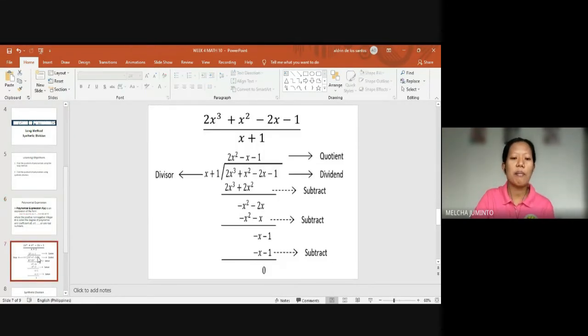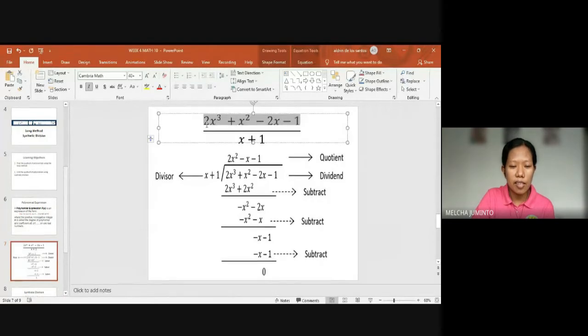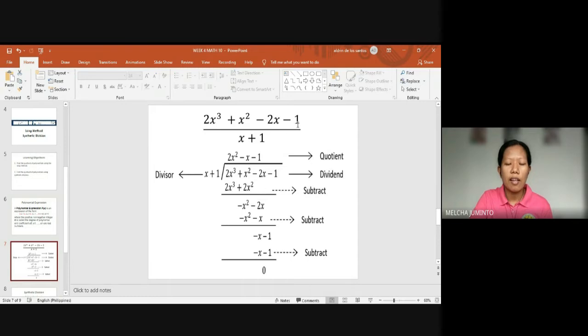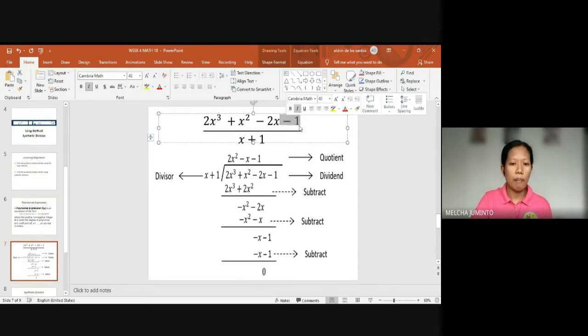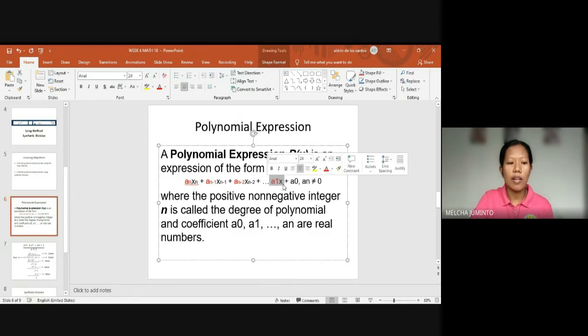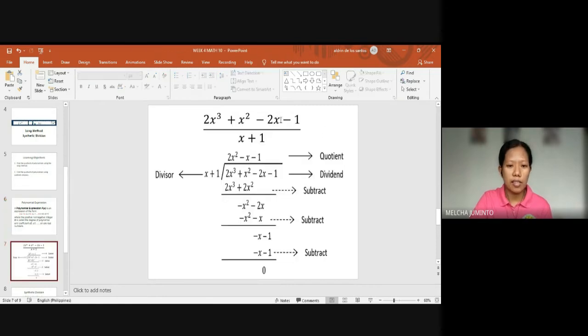So say, for example, this one. In this case, 2x cubed plus x squared minus 2x minus 1 is an example of a polynomial expression. Negative 1 serves as a of 0 in this form, which means the term without a variable. And this term, negative 2x, is the value in the form a of 1 times x, which means a number with x.